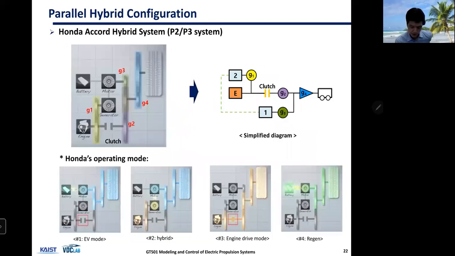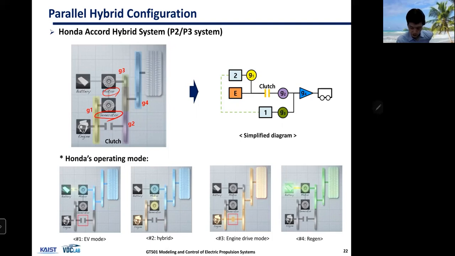And then there's the recent Honda Accord hybrid system. This one is sort of a P2, P3 system. So you have one motor connected to the wheel, and then you have a generator that's connected to the engine. But you have a clutch that can disconnect the engine from the wheel.